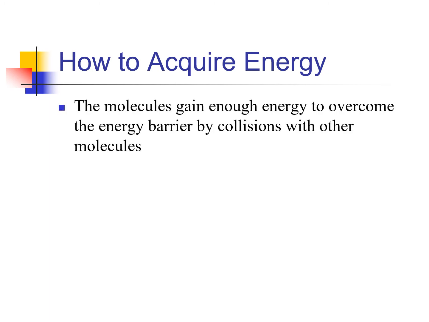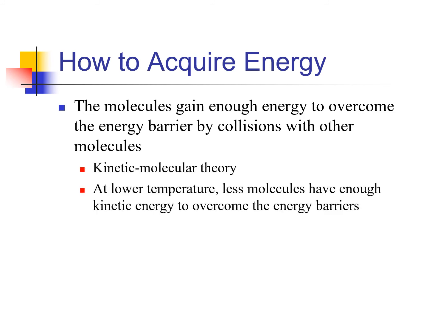Now, how do molecules get their energy? They get their energy by collisions. Again, when molecules collide with each other, they can transfer energy between themselves. So as they collide, molecules gain, molecules lose, and what we see is at lower temperatures, fewer molecules will have enough energy to overcome the energy barriers.